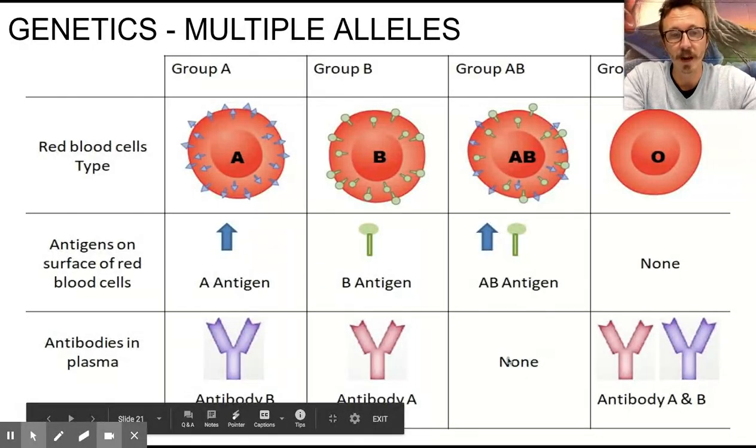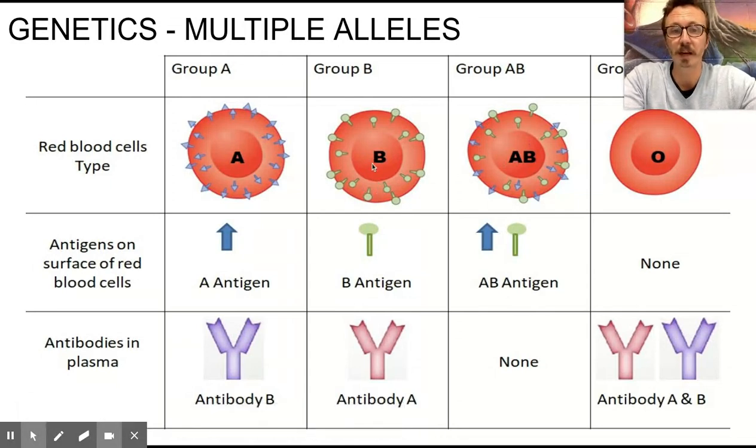Well, since there are no antibodies, if you are AB, you could receive a blood transfusion from someone with type B or type A because your body is not going to attack their blood. And so type AB is known as the universal recipient. Okay. Now there are plus and minus RH types, but we're not going to worry about that. You might learn more about that if you take AP biology.